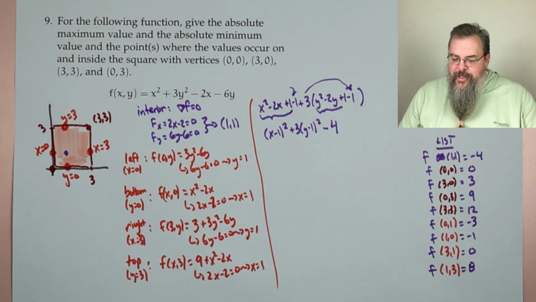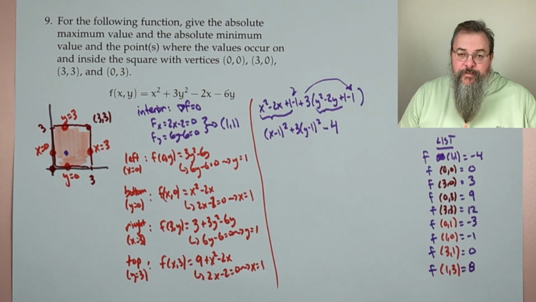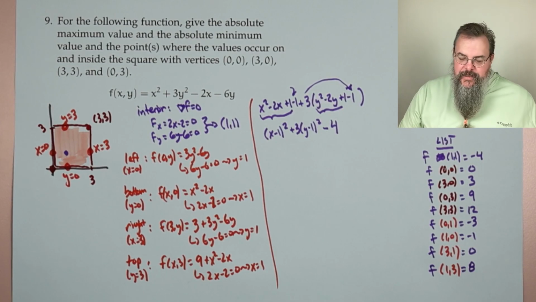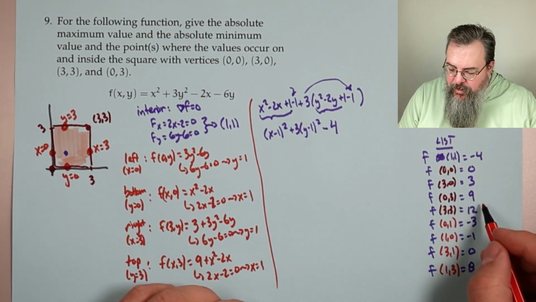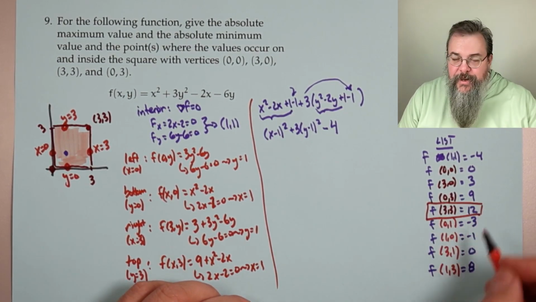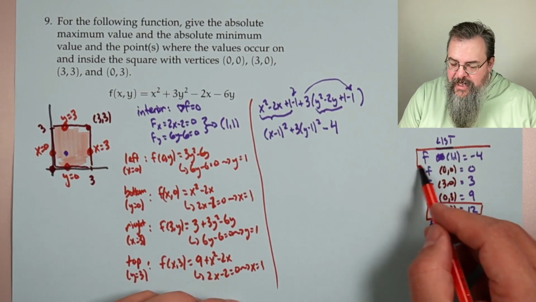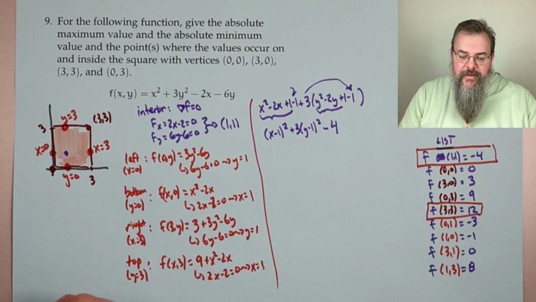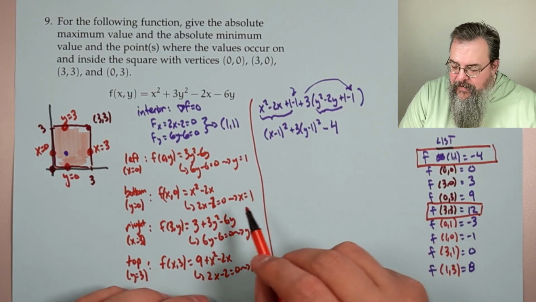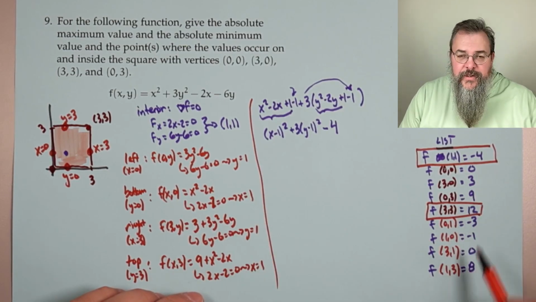Now we take a look and say, which one's the biggest number? The answer? 12. 12's the largest. Which one's the smallest number? Negative 4. That's the smallest. Notice there's no repeats for the largest or smallest.